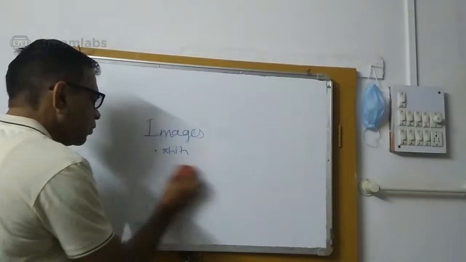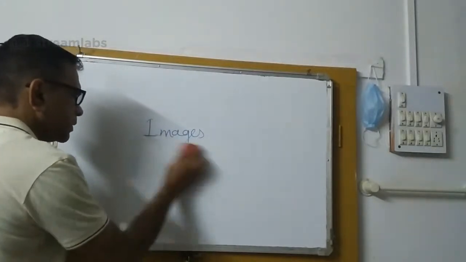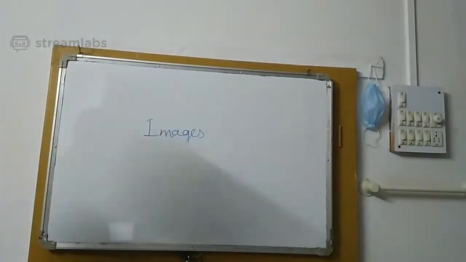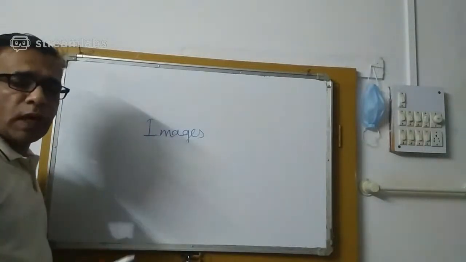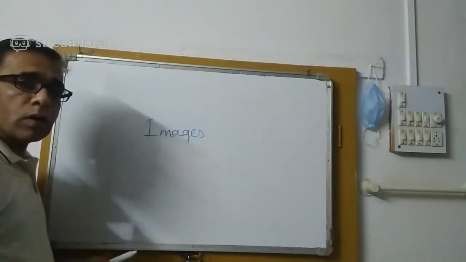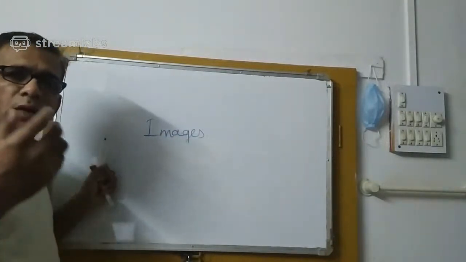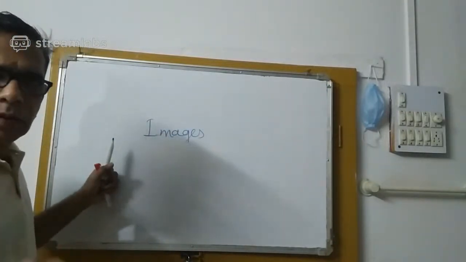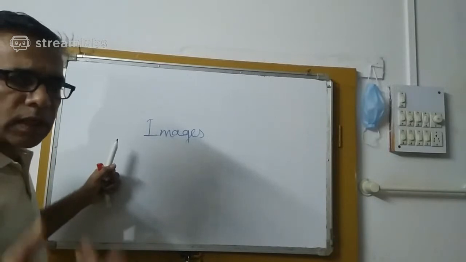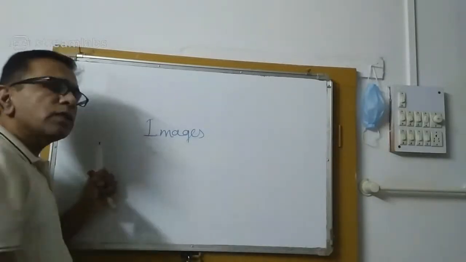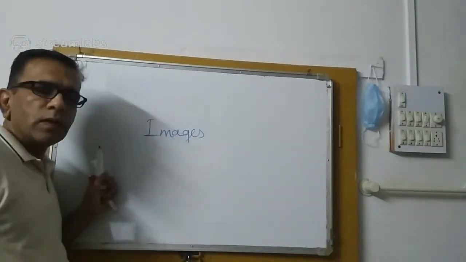Every pixel here will be represented by 8 bits. Now, the kind of image we are talking about, whether it is black and white, color or grayscale, decides the size of the image.